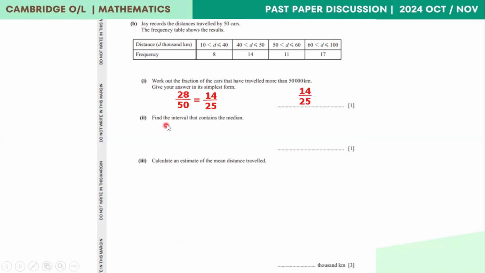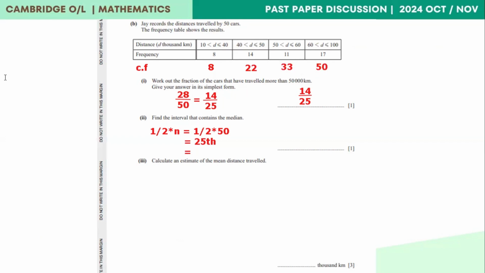Next question, find the interval that contains the median. The median formula is half of n. So half of 50 is 25. We have to write the cumulative frequency here to make it easier to understand. The first interval is 8, next it's 22, then it's 33, and then it becomes 50.